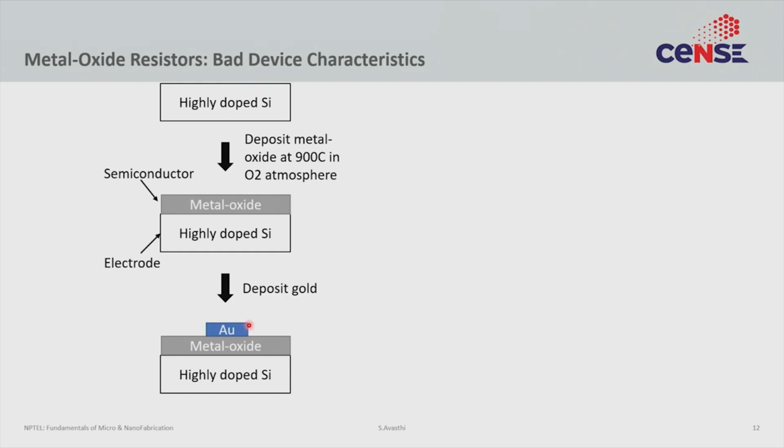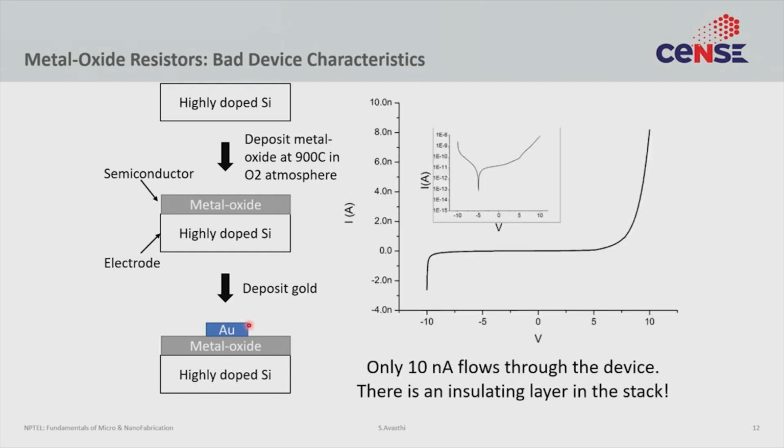You can go and measure the IV characteristics. When the student did that, this is the I, this is the V, and if you zoom in here, you actually see that you are flowing something on the order of 10 nanoamps of current. That's a very small amount of current.